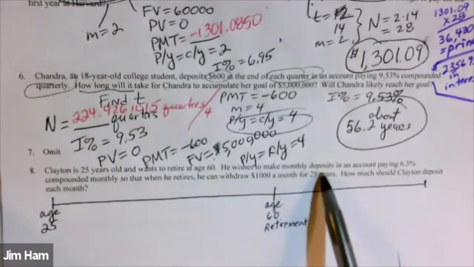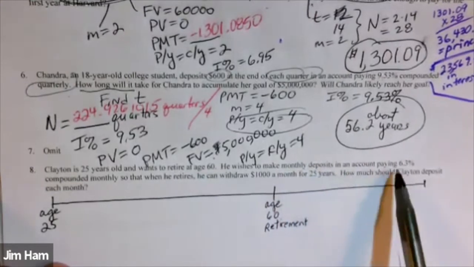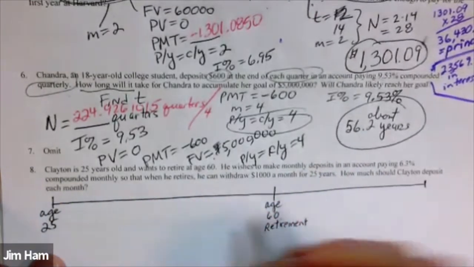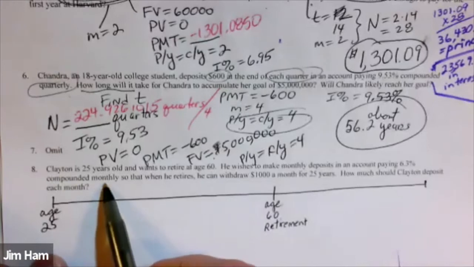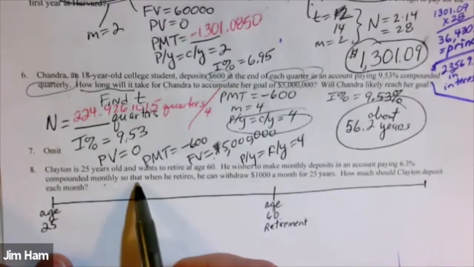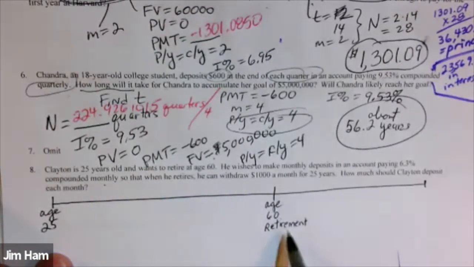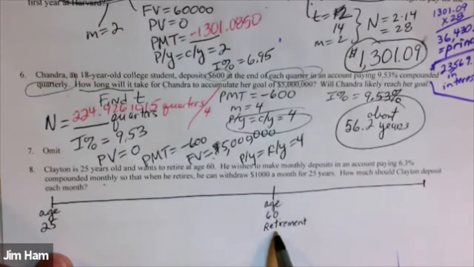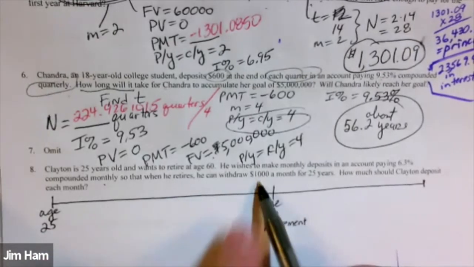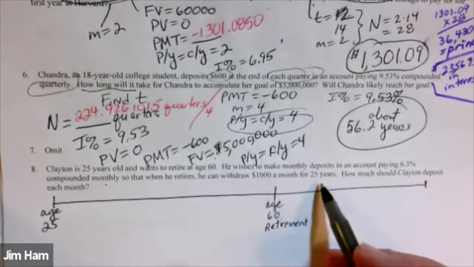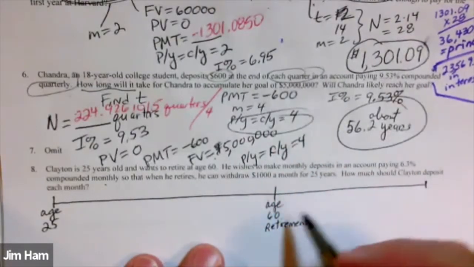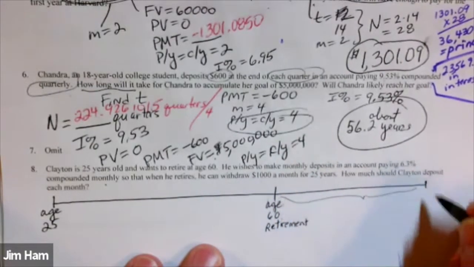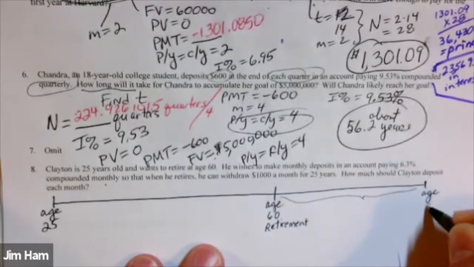He wishes to make monthly deposits in an account, compounded monthly, so that when he retires at age 60, he can withdraw $1,000 a month for 25 years. Okay, so 25 years over here, he would be age 85.